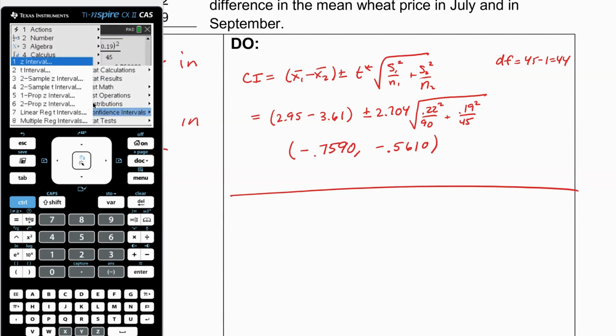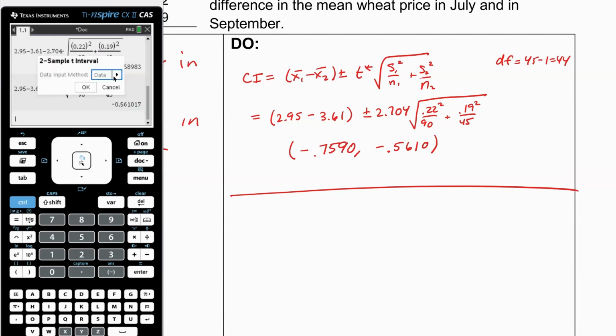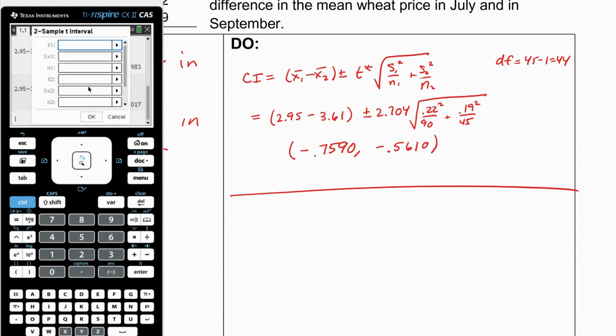If we did everything on the calculator, menu, statistics, confidence interval, two sample t interval with stats, 2.95, 0.22, 90, 3.61, 0.19, and sample size of 45. Oh, we want a confidence level of 99%. Oh, there's this question about pooled. We're never going to pool in our class.